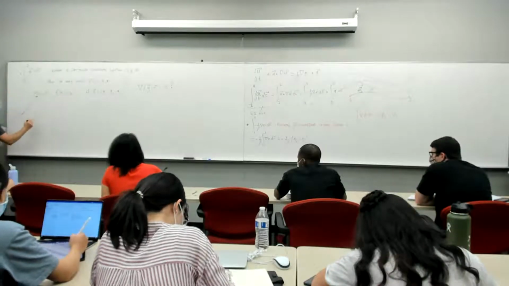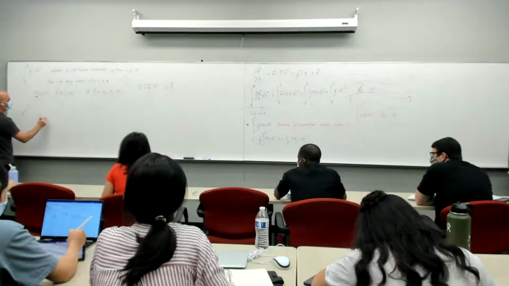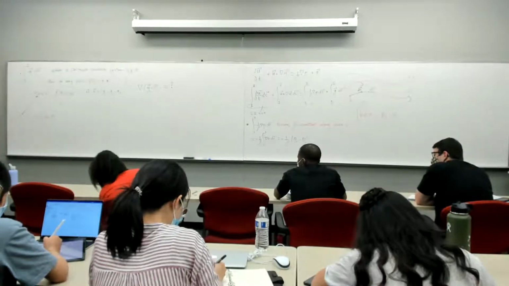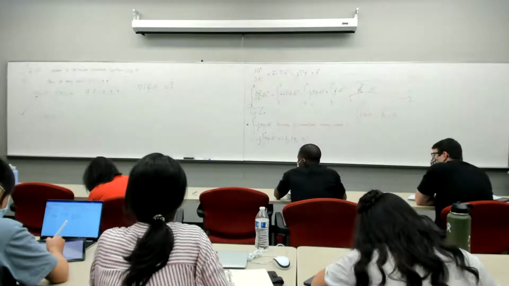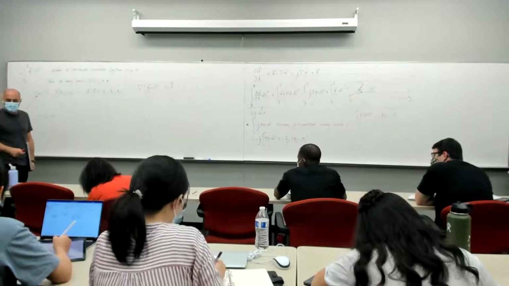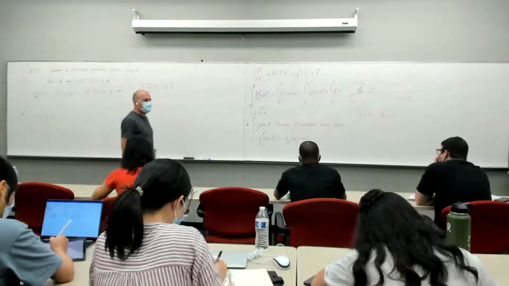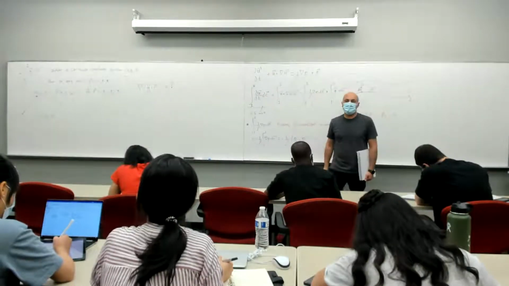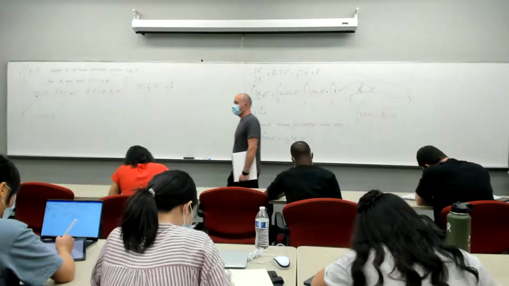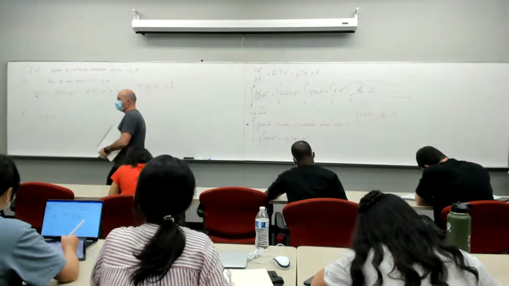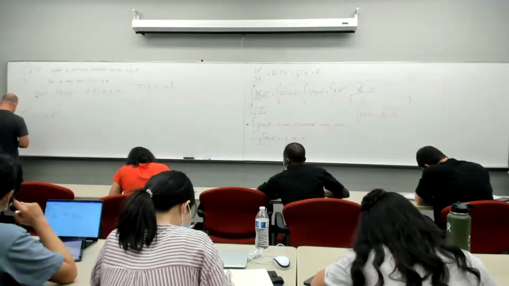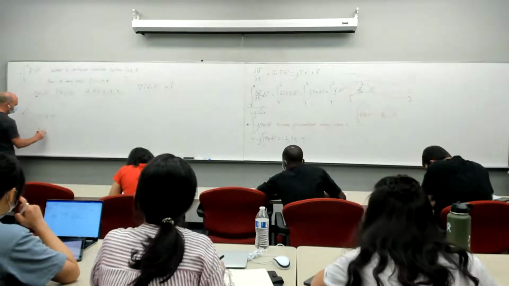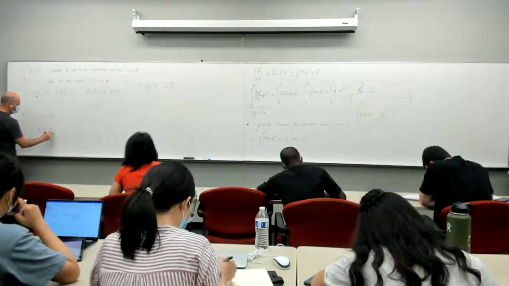I want you to evaluate grad of g dot r. So first evaluate g dot r, and then take its gradient. And remember, grad is d by dx, d by dy, d by dz.